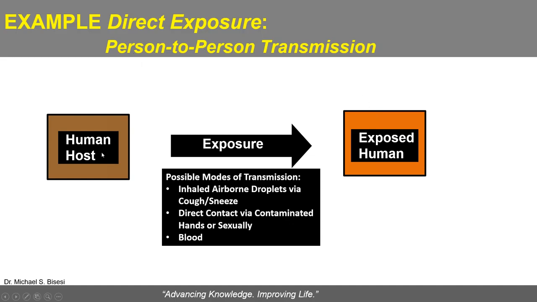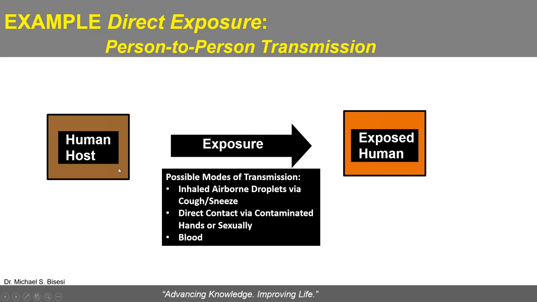So if you have a host that's harboring, that's serving as a reservoir of the infectious agent, they may or may not be ill, but they have the pathogen present. And there's some form of contact, again, depending on the agent.